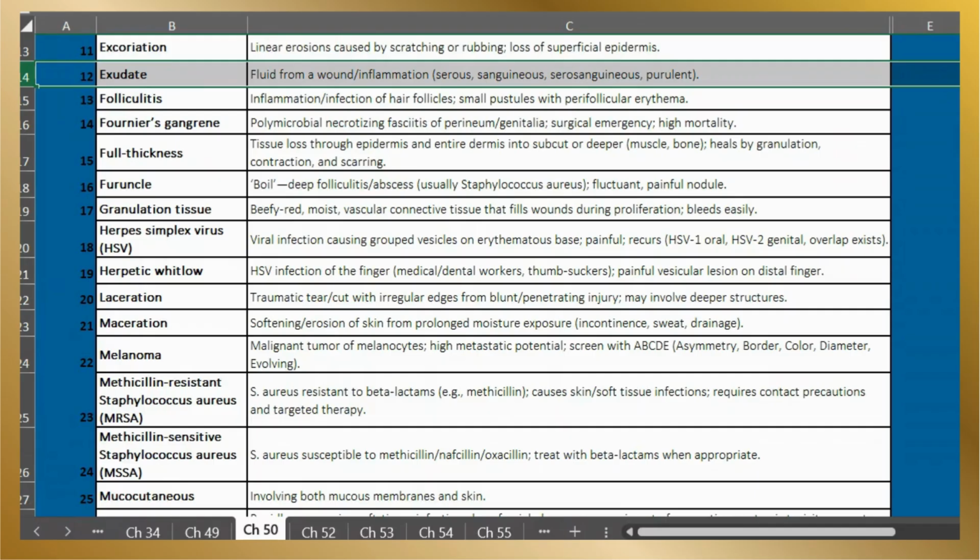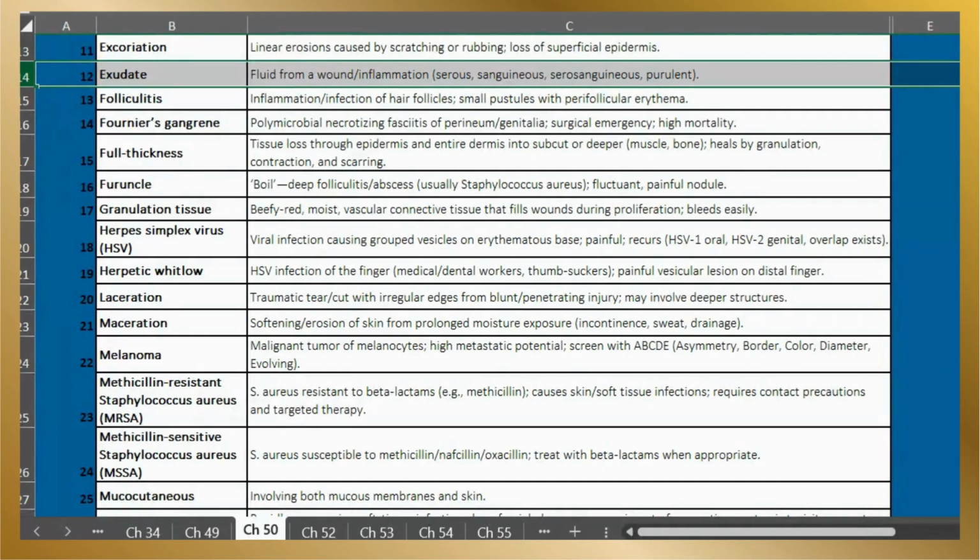Exudate: fluid from a wound or inflammation, serous, serosanguineous, sanguineous and purulent. These four names right here, we know how they look: clear with a little blood, pinkish blood, very bloody, and purulent, which is yellowish.